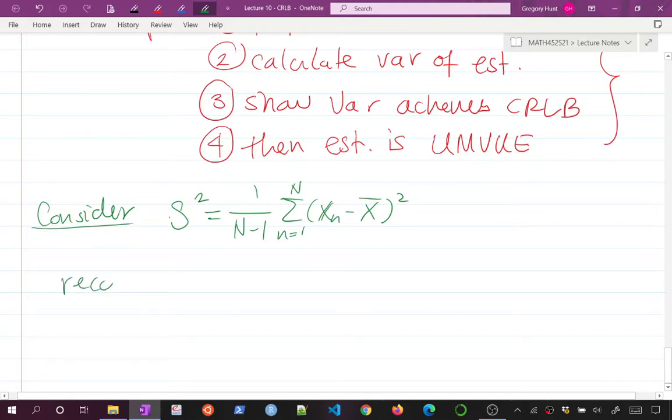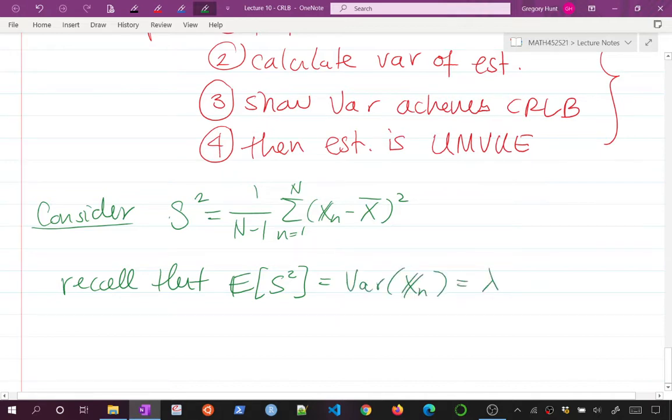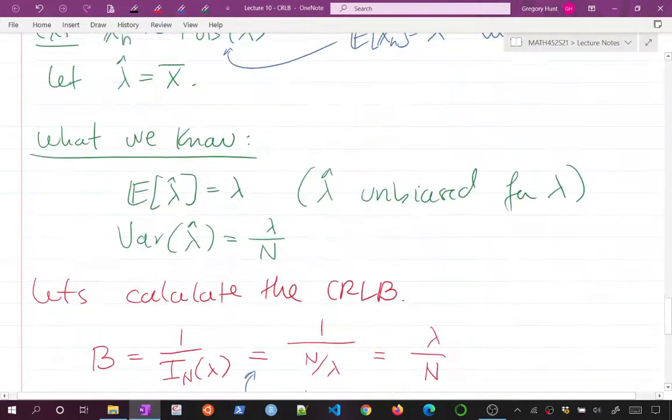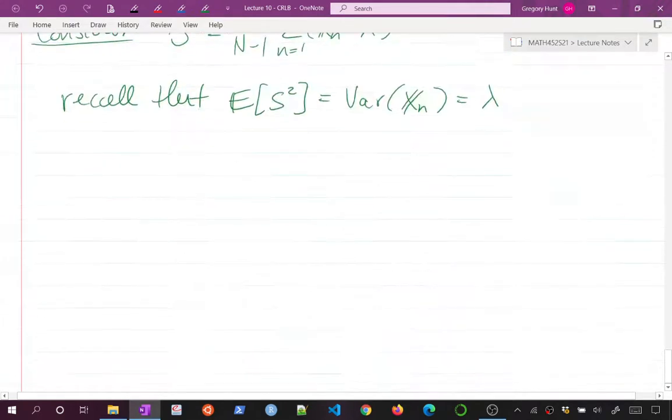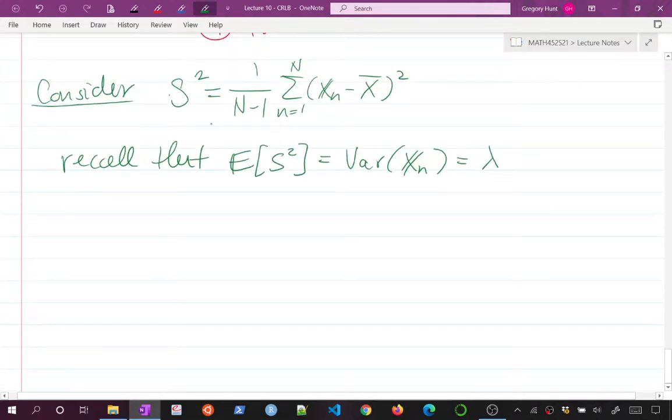Recall that the expected value of S squared is the variance of any of our individual exponents, which is lambda. We said that the variance of a Poisson is also lambda. If you go back to maybe lecture 1 or 2, we talked about how the sample variance statistic is unbiased for whatever the variance is. In this case, it's lambda. And so S squared is another unbiased estimator of lambda.